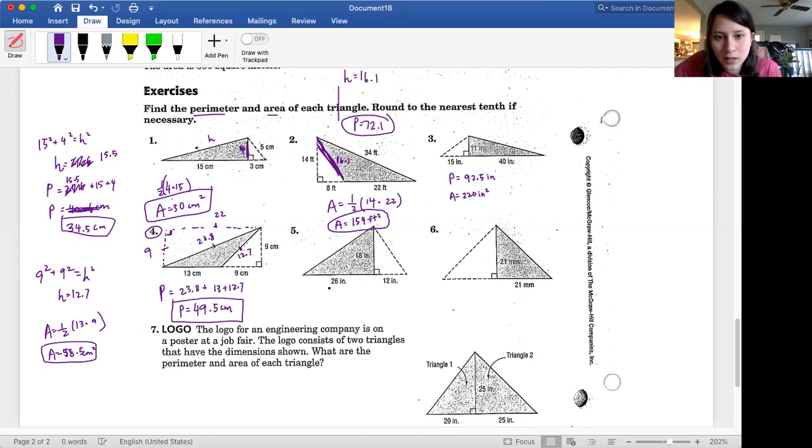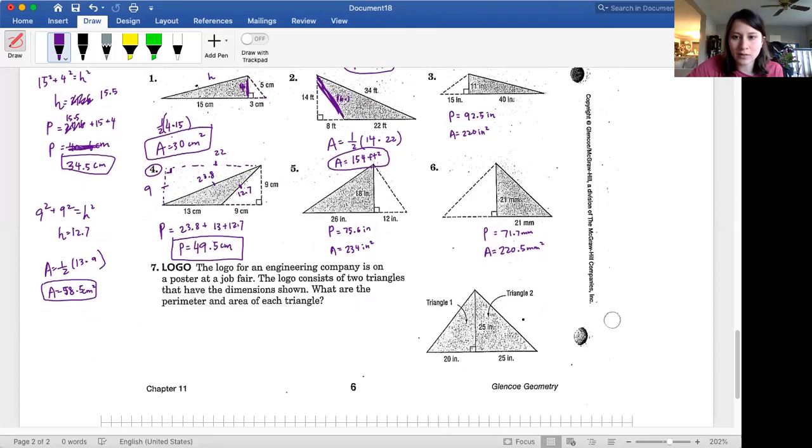Number 5, the perimeter is 75.6 inches and the area is 234 square inches. Number 6, the perimeter is 71.7 millimeters and the area is 220.5 millimeters squared.